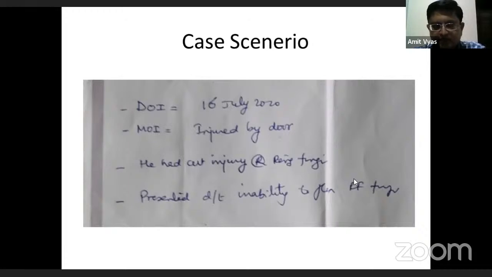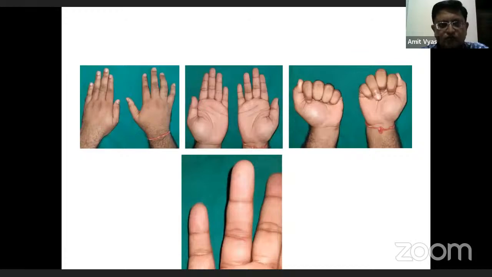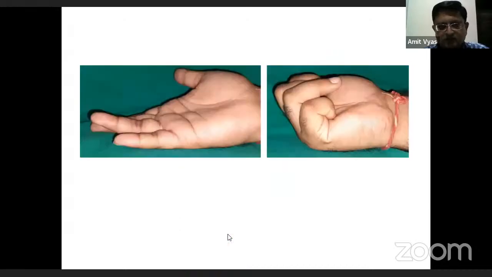Then he presented when he noticed himself that he is not able to flex his ring finger properly. This is the picture where he is not able to flex the ring finger at the DIP joint, and the cut is not even visible, it is healed nicely.